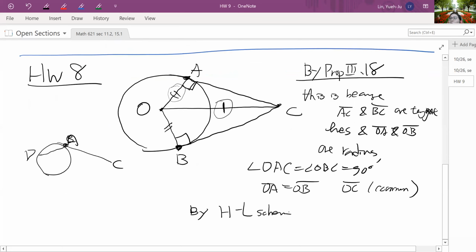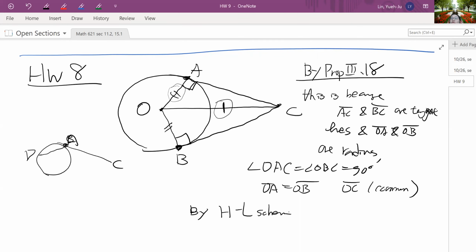I noticed that someone called it something different, but I would appreciate it if you use the name that we use in this class. Also, instead of calling it the HL scheme, someone said it's the SSA for right triangles. Technically, I will give you a pass, but be careful: the usual SSA is not a congruence scheme.